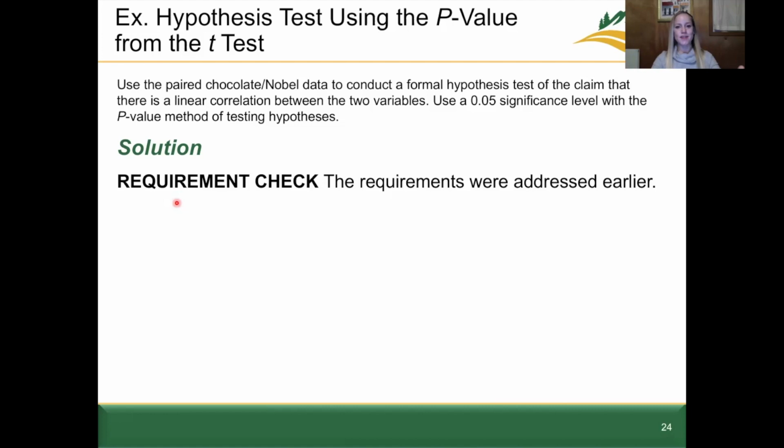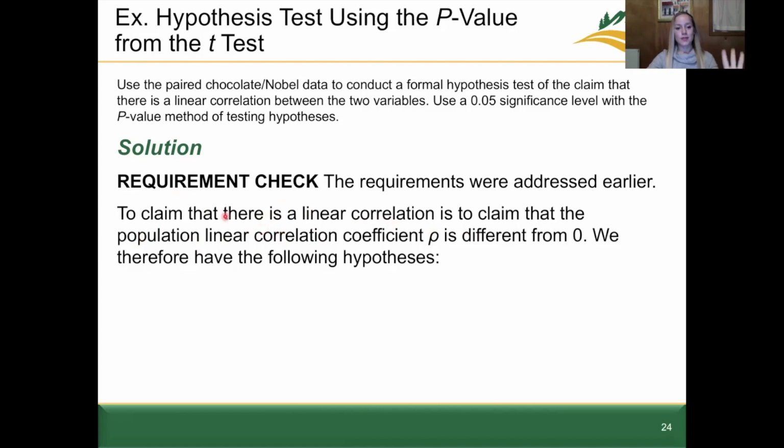Within formal hypothesis testing, we also need to keep in mind what's our original claim. So to claim that there is a linear correlation, which is what we're focused on here in 10.1, that is to claim that the population linear correlation coefficient, rho, is different than 0.